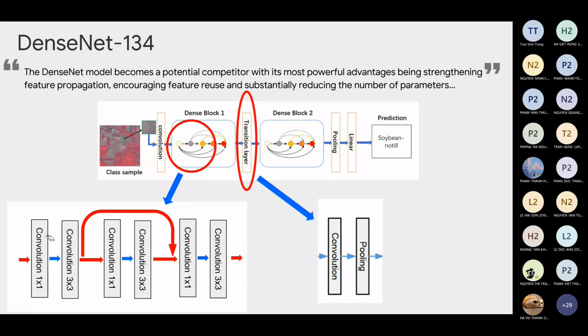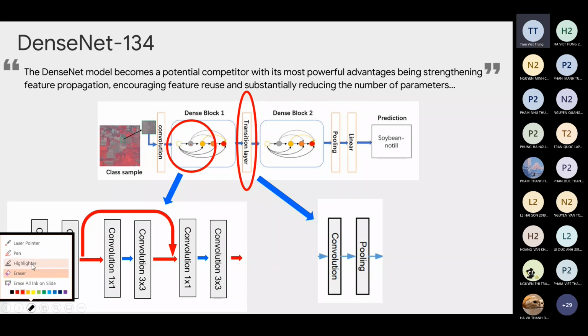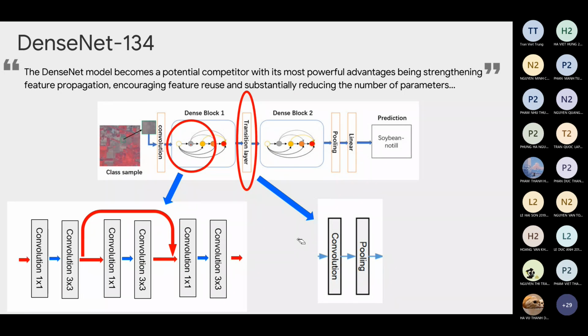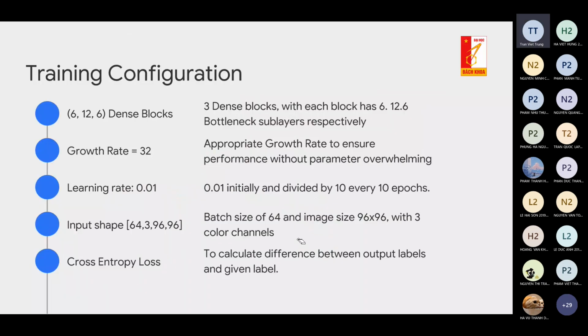And then we will next proceed to the configuration of our model and our training. For each dense block, we will have 3 dense blocks, with the first having 6 mini circles, as I said before, 6 bottlenecks. The second has 12, and the last has 6 bottleneck sub layers.